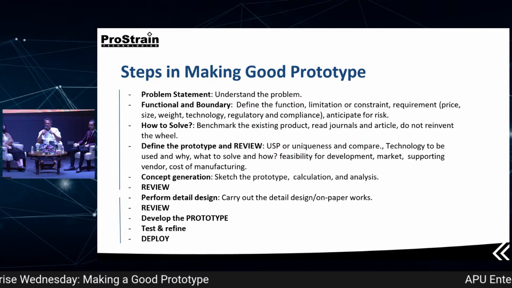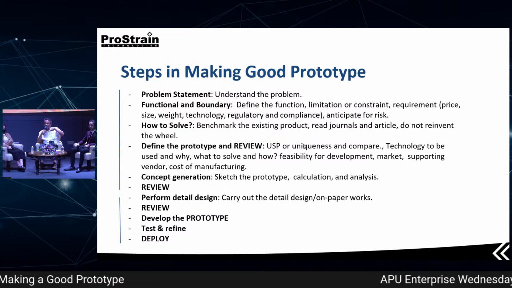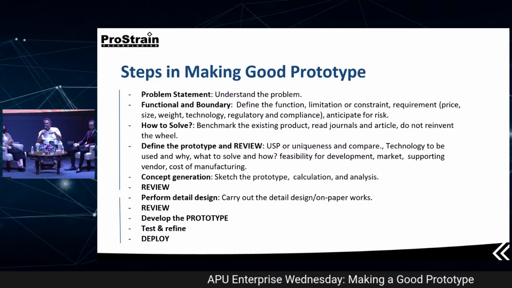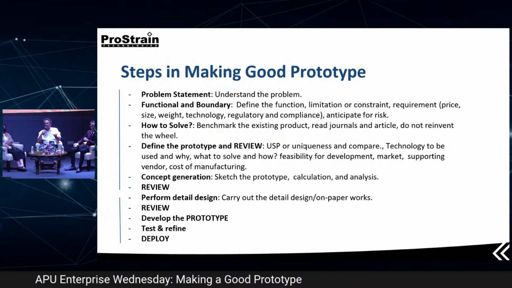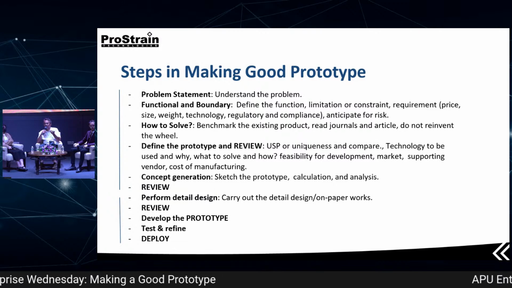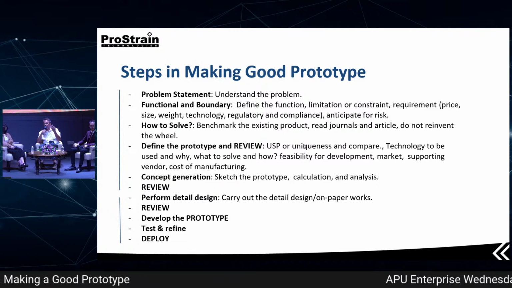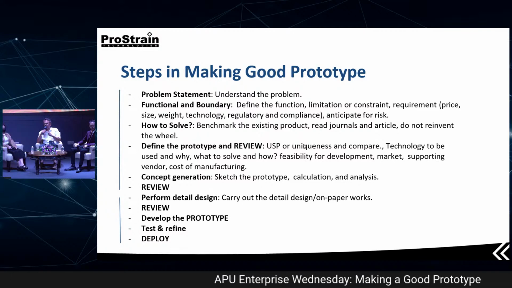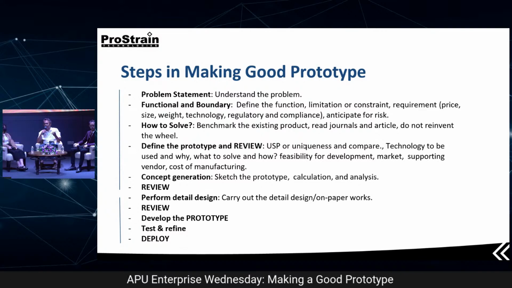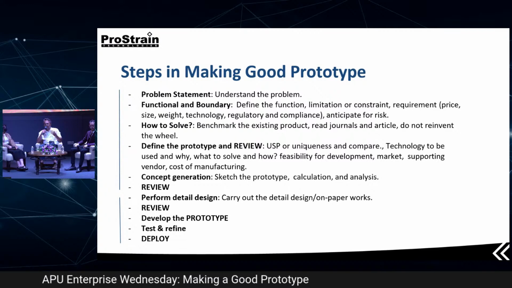If you notice, in the planning side, there are a lot of steps. But in the real implementation of the prototype, it's just the detailed design, and then you develop the prototype. If you are developing programming, that means you are doing the coding. That's called developing the prototype. And then you test, and then you deploy.